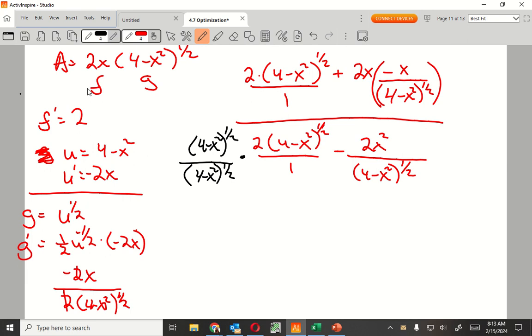And then I'm going to be left with 2 times the quantity 4 minus x squared to the 1, so I'm just going to leave it like that, minus 2x squared over 4 minus x squared to the 1/2.